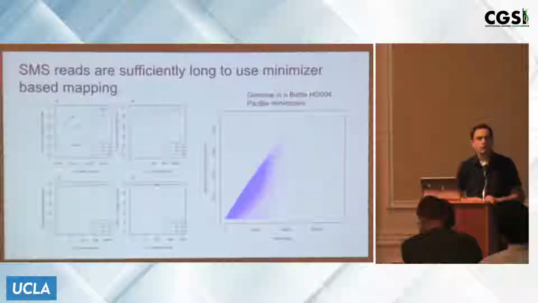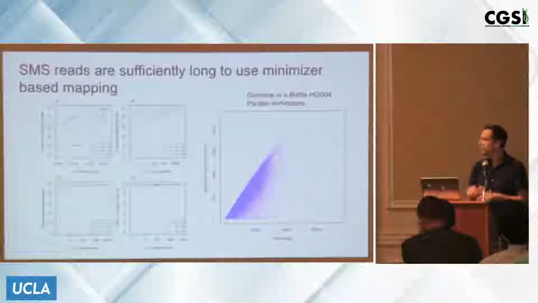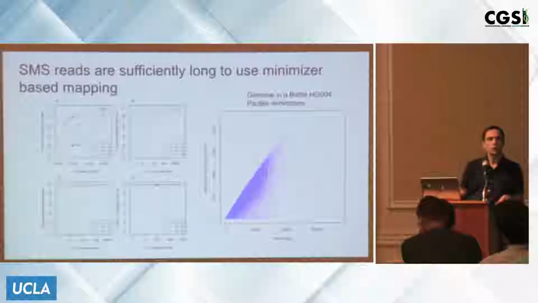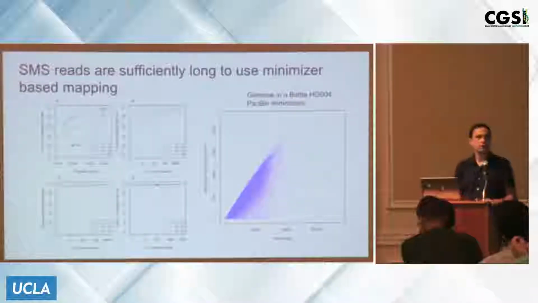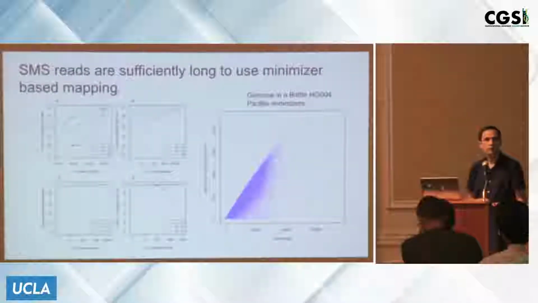The number of minimizers, yeah. And it's about, I think, around a tenth. The slope is about 0.1 here. I should have added that K is 17.